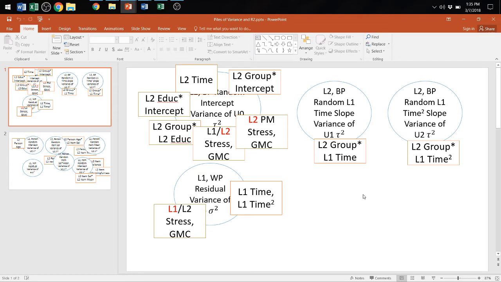So generally speaking, cross-level interaction will reduce the random slope variance for its level 1 predictor if present in the model. For example, if I have a longitudinal model where the effect of time varies over level 2 people, then any cross-level interaction of a level 2 predictor with time will explain that random time slope variance.